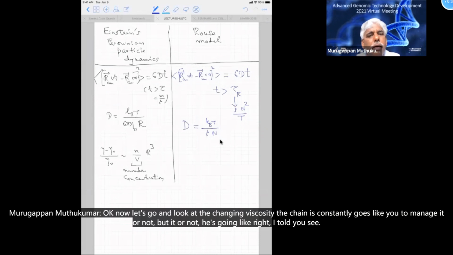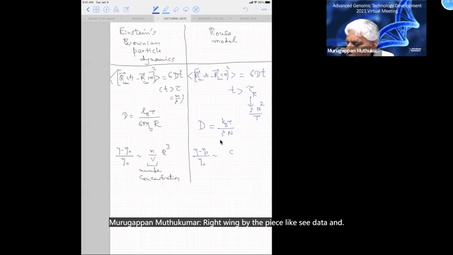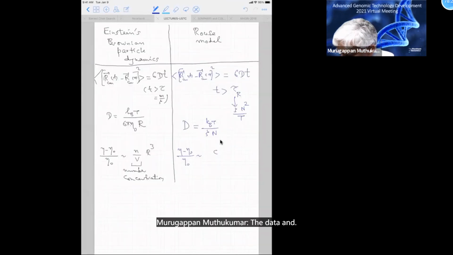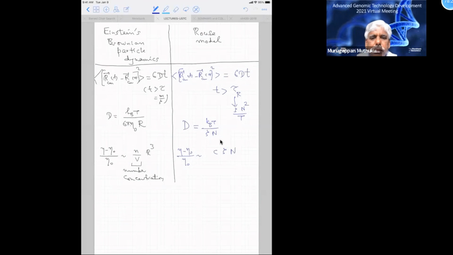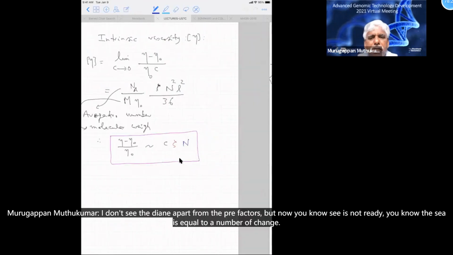Now let's go and look at the change in viscosity. The change in viscosity, eta minus eta naught by eta naught, goes like, going back to the previous slide, c zeta N. I wrote down c zeta N, apart from the prefactors.